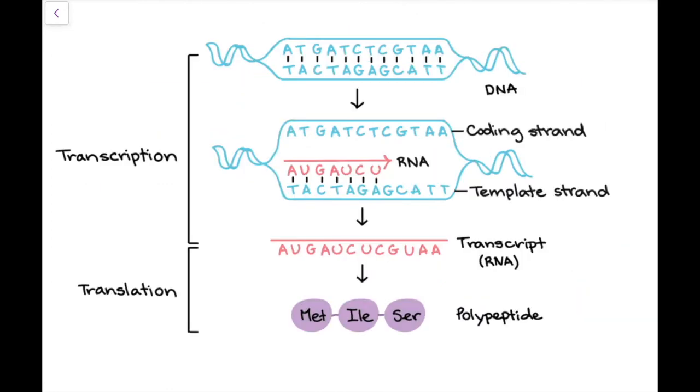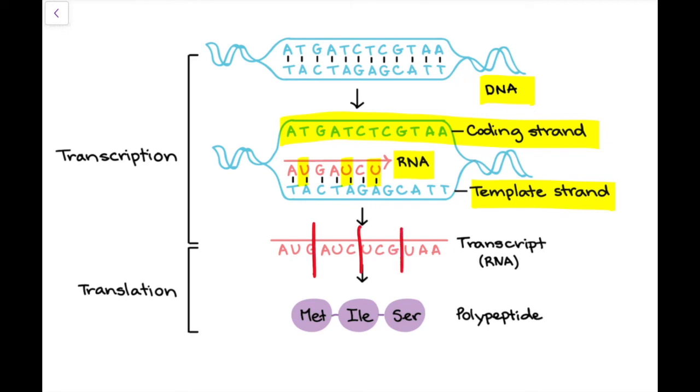And if we look at it as a whole, and we'll get onto translation next, it means we take the DNA, we open it up, we use the template strand to make our RNA, which has the same sequence as the coding strand, but with those U's in place. And then that can be read off in 3s by our ribosome in our next step that we'll have a look at.